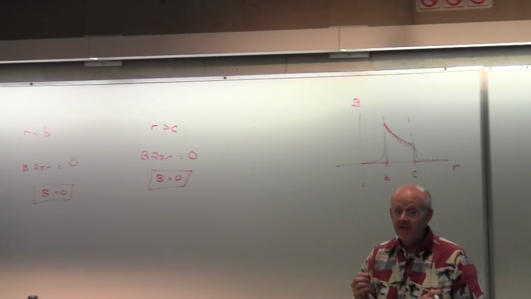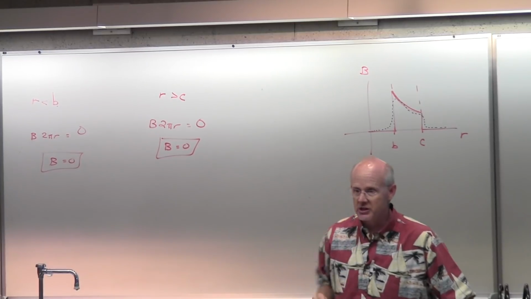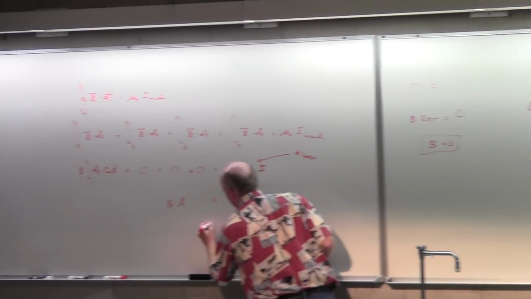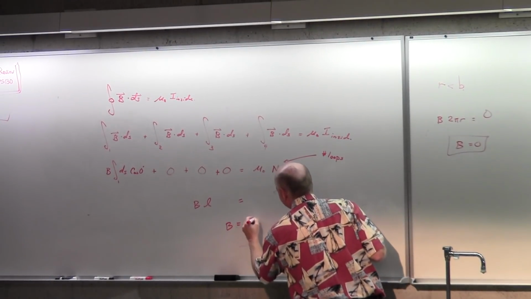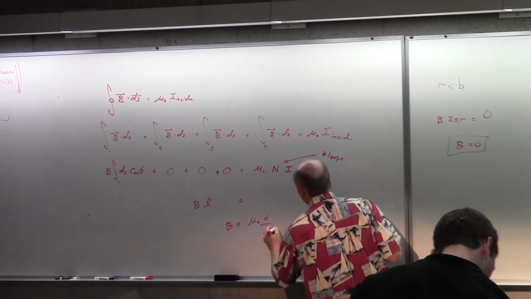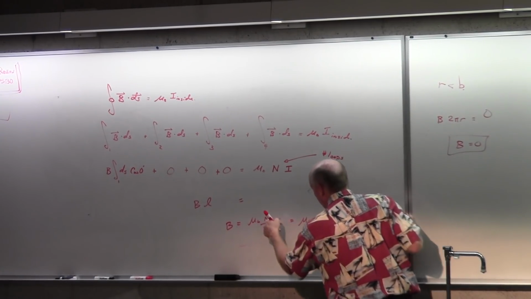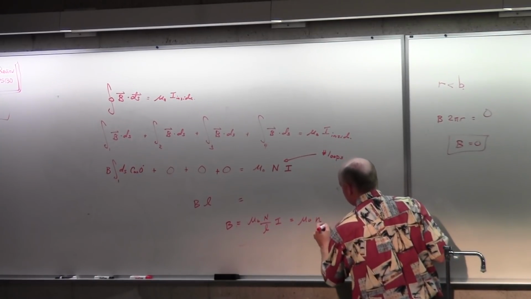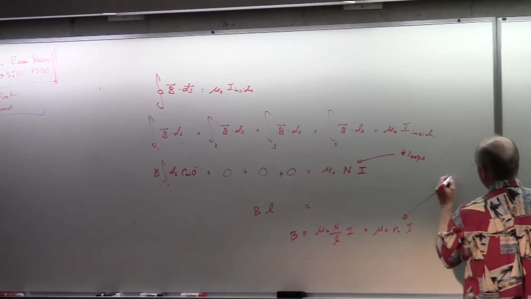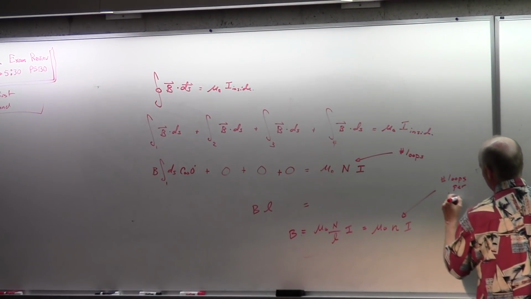Now I should probably give it a different symbol so we don't confuse it, right? And I will here in just a second, but I will do it this way. I will take the B and solve for it by itself, write it as capital N over L times I, and then write N over L as little n, where little n is the number of loops per length.